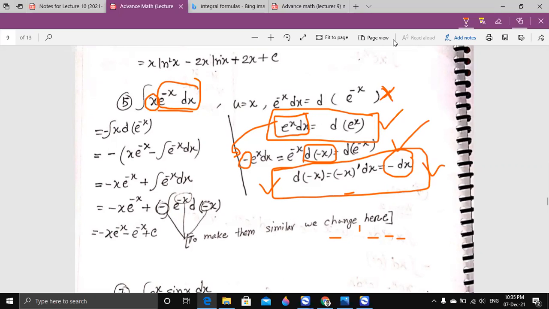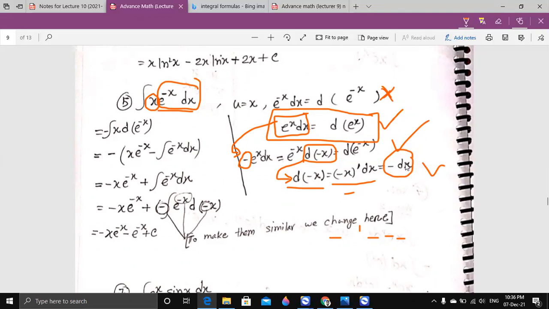Okay guys, Lausi just divided different parts here, like d of minus x. Now she calculated d of minus x here. So d of minus x, we know it will be the derivative of minus x times dx, and the derivative of minus x is minus 1.